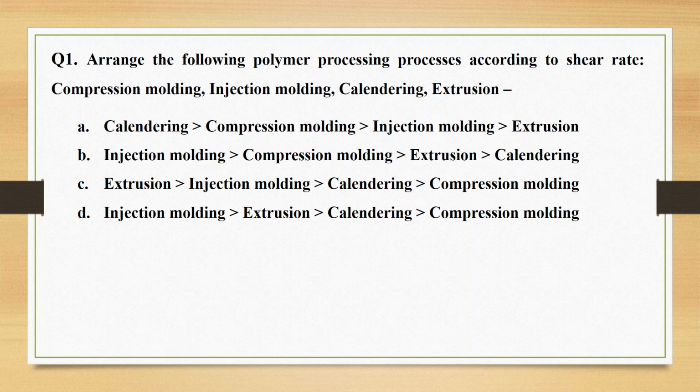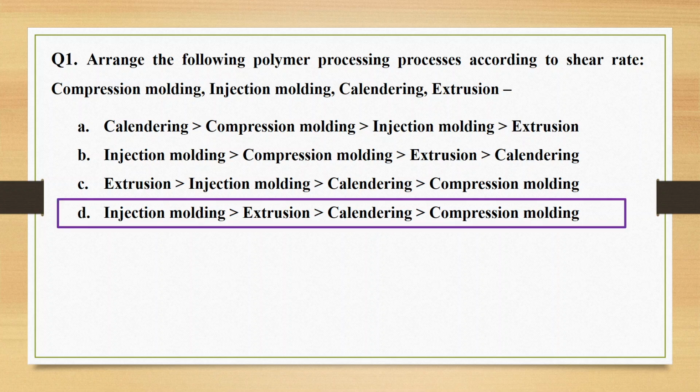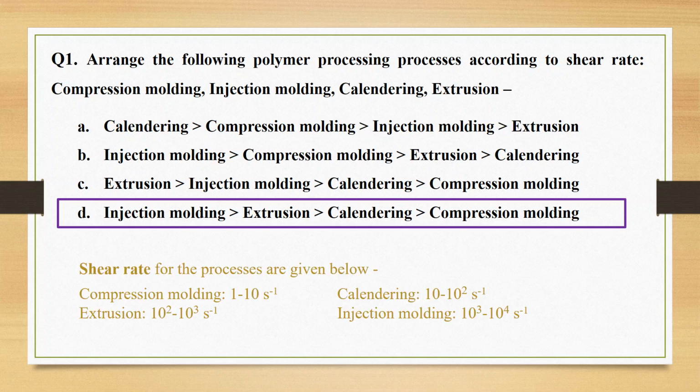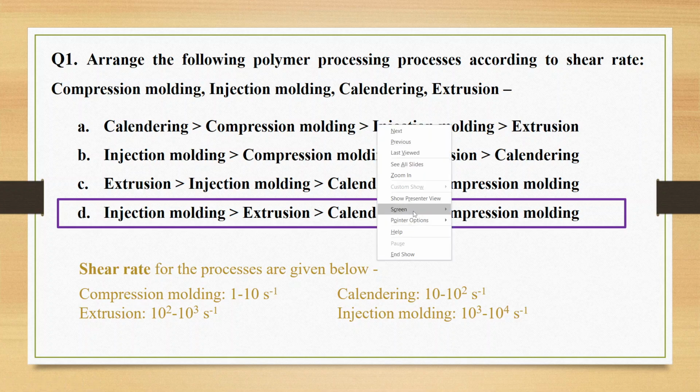Okay, nice. I already have many answers. As everybody is saying, the correct answer was D, because if we go back to the slides where Professor Dhara has discussed the shear rates of different processes, you can see these 4 shear rates.